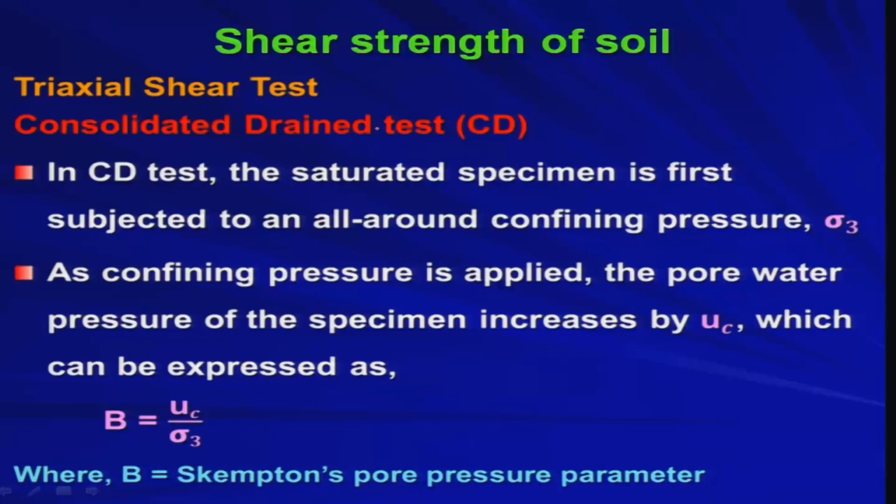So, first what we do, we take the saturated soil specimen, and then that saturated soil specimen is subjected to an all round confining pressure, say sigma 3, right. So, as confining pressure is applied, the pore water pressure of the specimen increases by delta u c, agreed. So, as you recall from your consolidation chapter, immediately you apply some extra pressure, right.